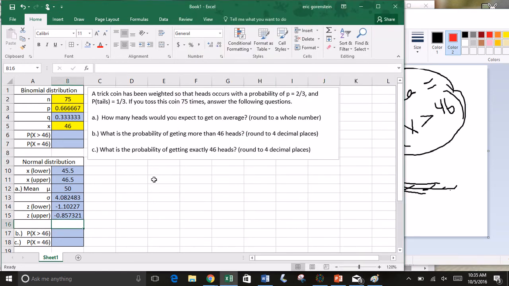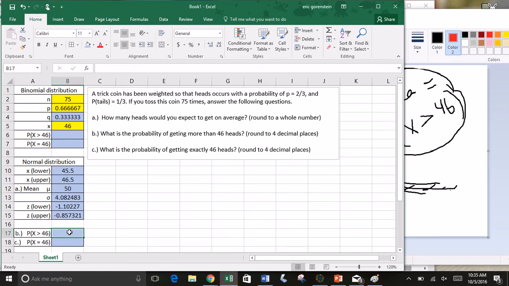So we want to find the area to the left. So for part B, we want the area to the left of z equals negative 0.857321. Okay, so the area to the right should be equal to the complement of the area to the left.